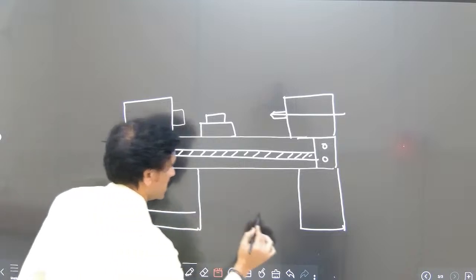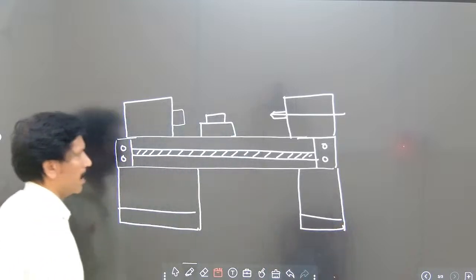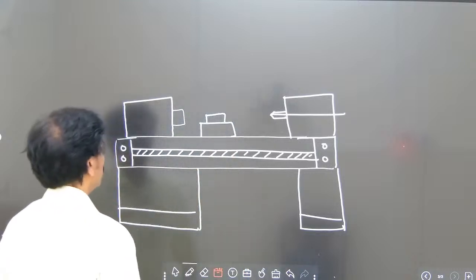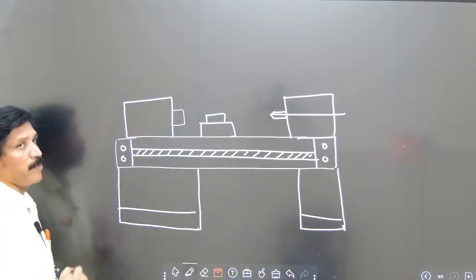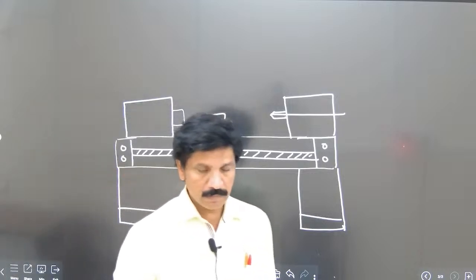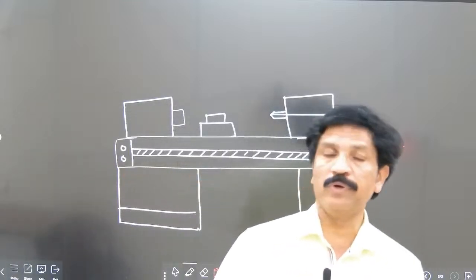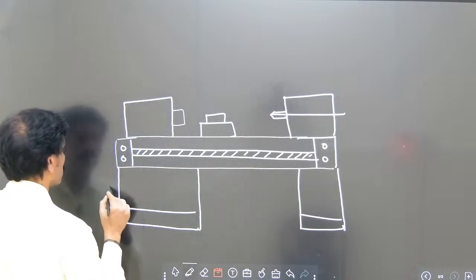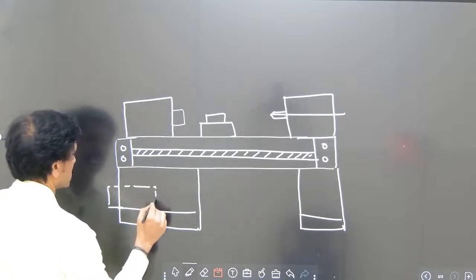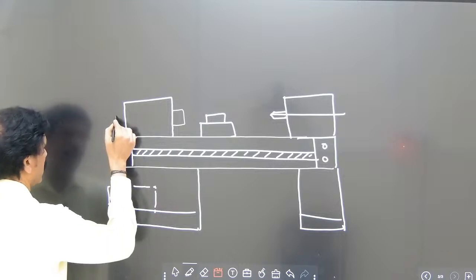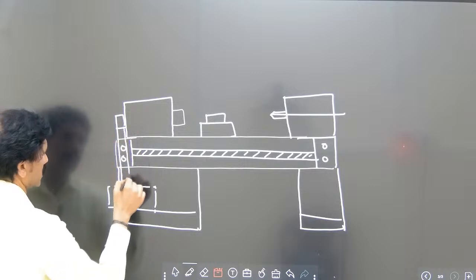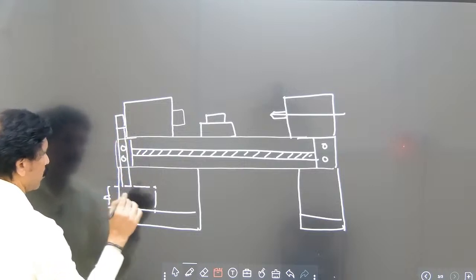Base is fixed on the floor by means of bolts and nuts firmly. It is operated by means of the belt drive. Okay, so there we are going to fix the motor here. This is the motor. It is operated by means of the belt drive. A pulley is there. So this is the belt drive motor.